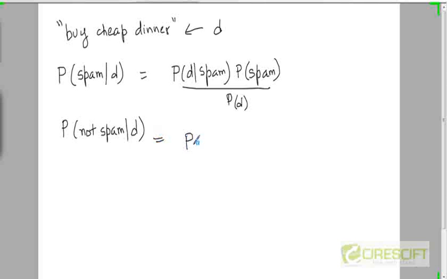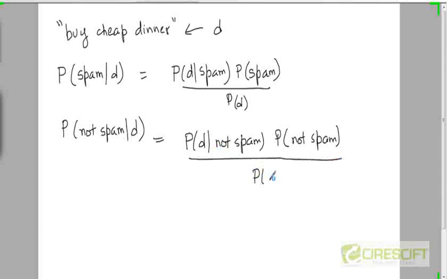The other one would be the probability of D given not spam multiplied by the probability of not spam, divided by the probability of the document. And again, we can just ignore the denominator, which is the same in both, because it's the relative values of these two that matter. Which of them is larger?